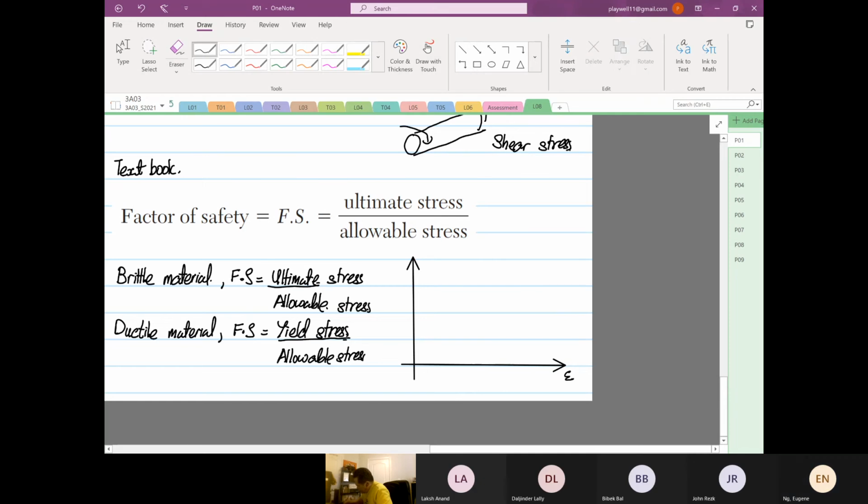Let me draw the trend. This is the trend for brittle material, and the next one is for ductile.